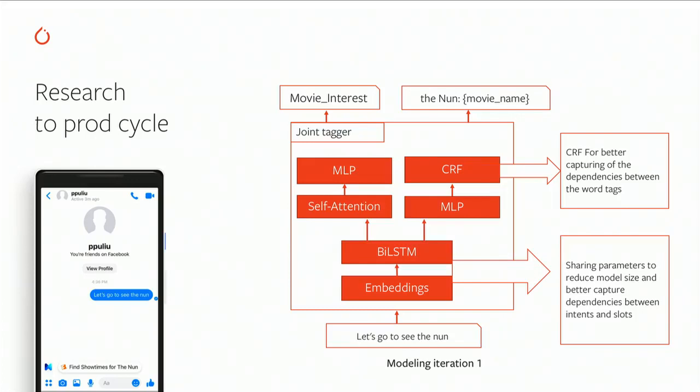Another thing I want to do is introduce a conditional random field layer, a CRF layer. We want to add that because CRF has proven to be better at capturing the dependencies between the word tags. Let's see how PyText can help us get this to production.